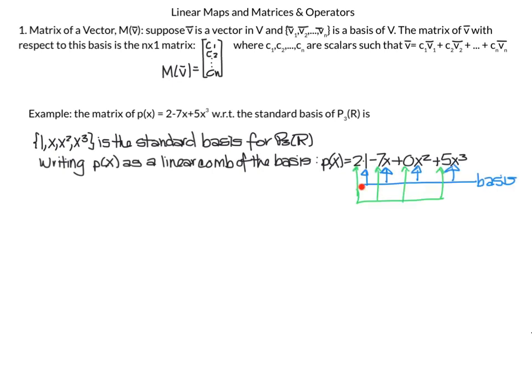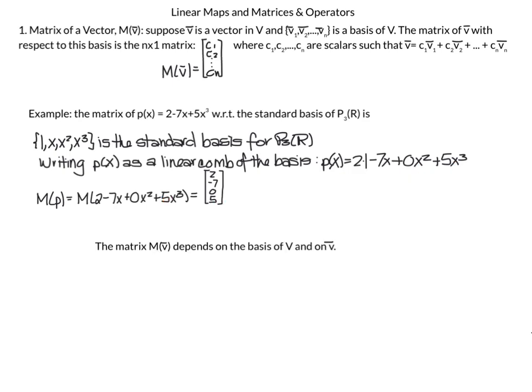So here in blue, I have arrows to our basis vectors, 1, x, x squared, x cubed, and our coefficients in green, which will become our coordinates: 2, minus 7, 0, and plus 5. Which means now our matrix for our polynomial is going to be equal to our coefficients, 2, minus 7, 0, and 5.